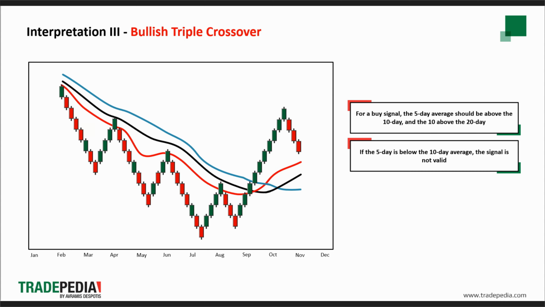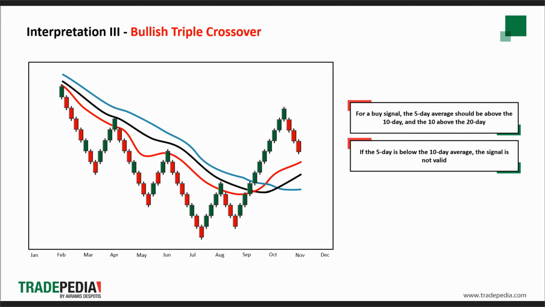You just need to see the shortest term moving average cross above the next shortest term. Let's say the 5-day is the shortest term, the 10-day is the medium term, and the 20-day is the longest term. The 5-day crosses above the 10-day, and the 10-day is still above the longest term, the 20-day. That's when your bullish signal is generated.